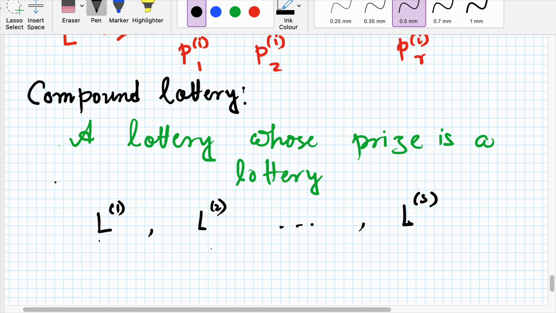So a compound lottery example is a lottery whose outcomes are L1, L2, LS with probability Q1, probability Q2, probability QS.